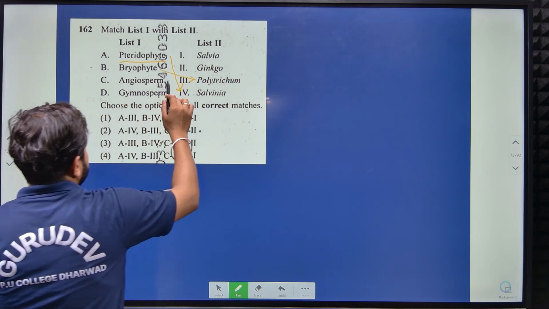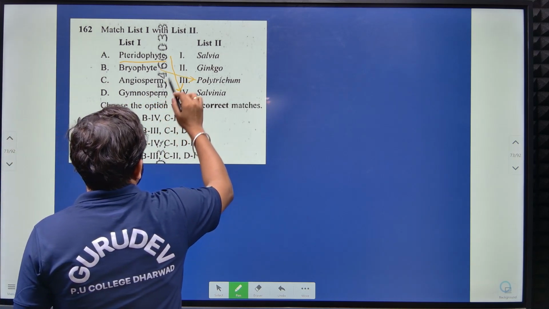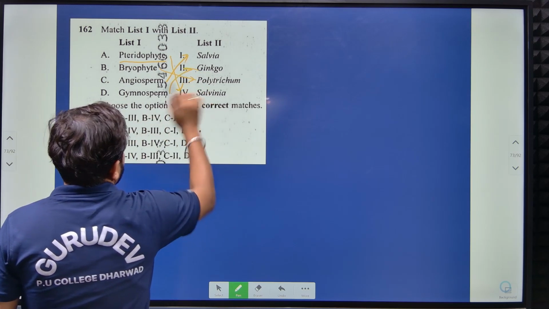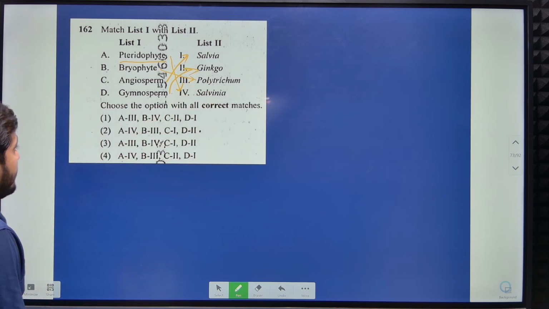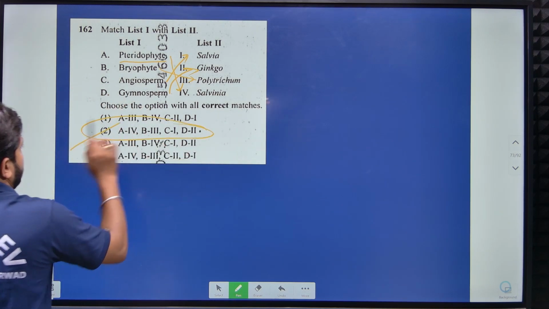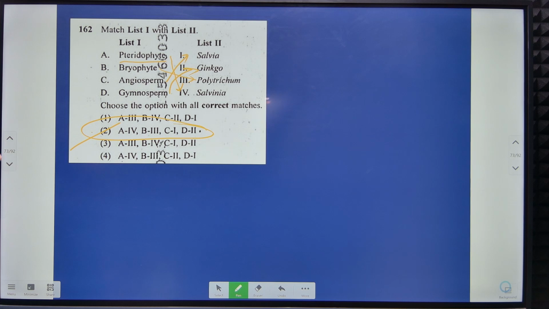Then the gymnosperm example is Salvia, right? Then the gymnosperm example is Ginkgo, right? So according to this question, option 2 is correct, right? So match the following again, right?